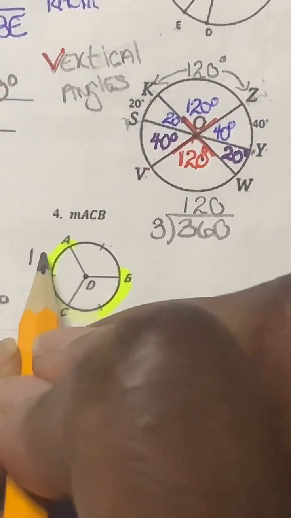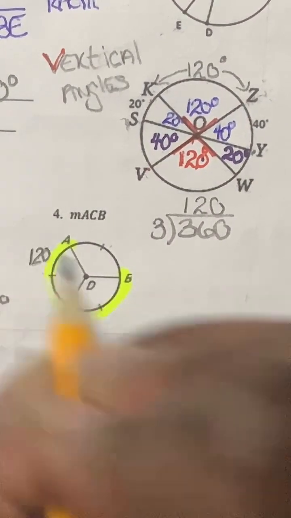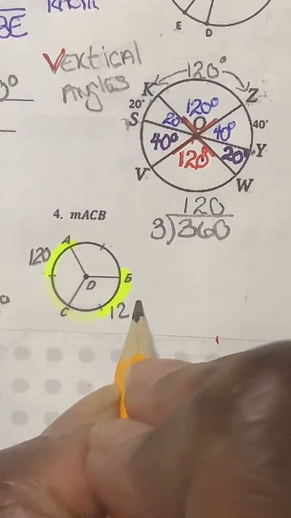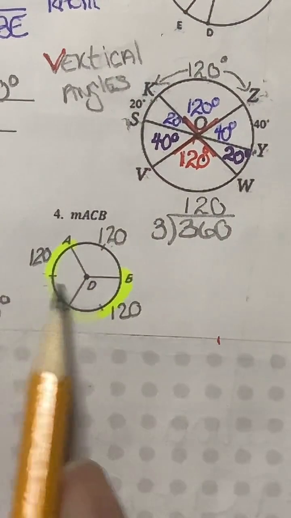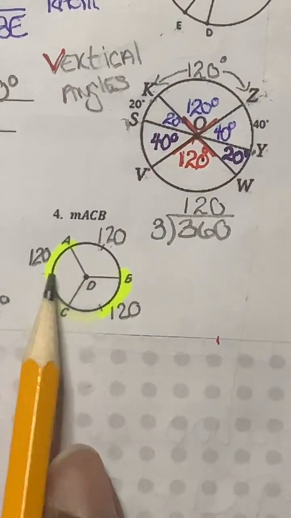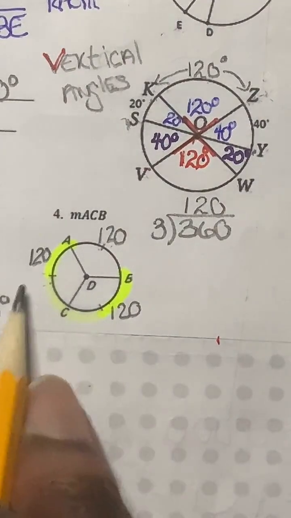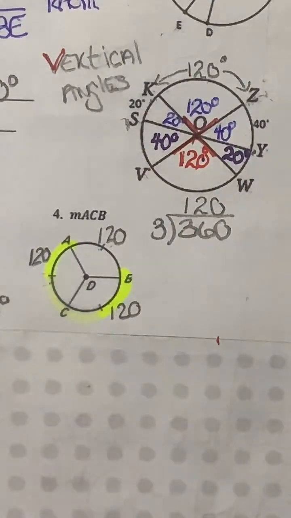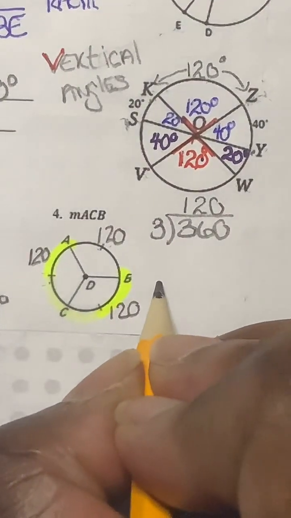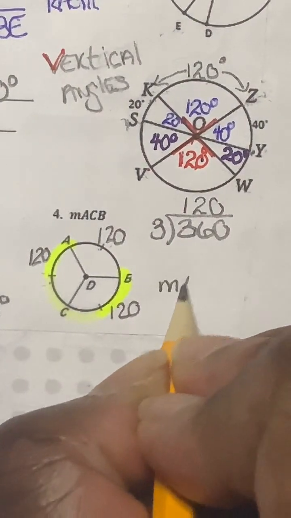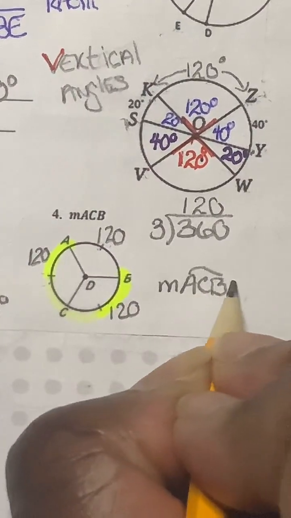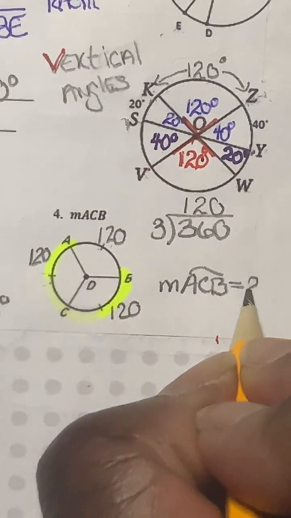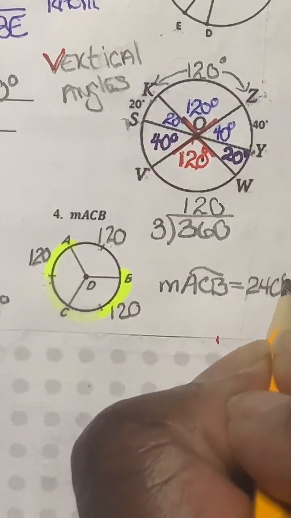We are asking for the arc. We're asking for 2 out of the 3. So if you take the 120 times 2, you will get your major arc of ACB, and that equals 240 degrees.